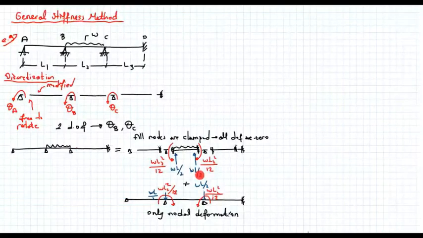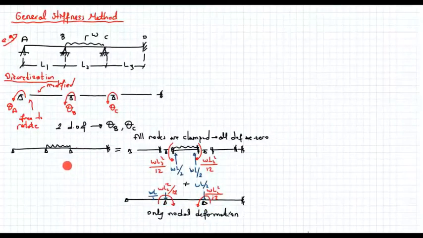And then we said that in the moment distribution method, the structure will deform in such a way that the forces generated in the members due to the deformations will balance all these unbalanced forces. So it is that case actually. Here we are saying that we will have only nodal deformations, and these nodal deformations will balance all the unbalanced forces. That's why I show all the forces in the opposite direction.